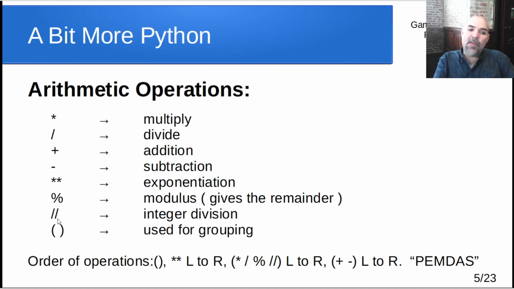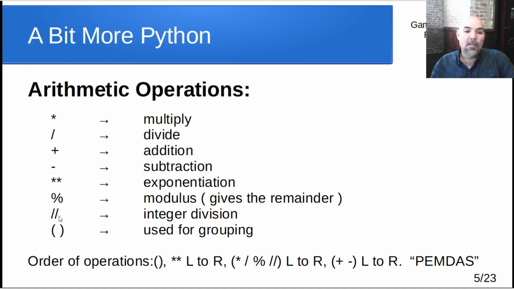Now, the other part of that, rather than the remainder, is the quotient, or how many whole times that number goes in. You can do that with //. So the normal / will give you a divide that results in a decimal value. // will give you a number that is the whole number of times something fits into that.